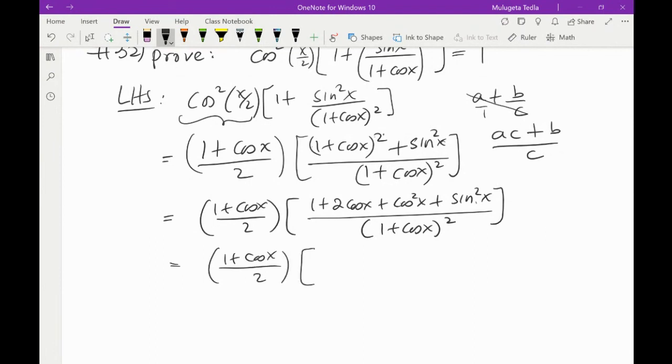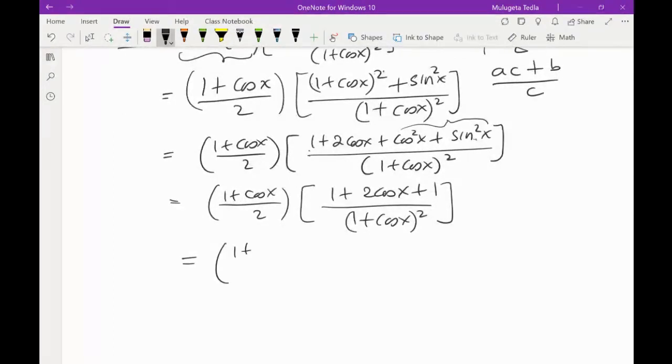So cos squared plus sine squared is 1. 1 plus 1 is 2. So 1 plus 2 cos x plus 1. This thing is, using identities, over 1 plus cos x the whole squared.